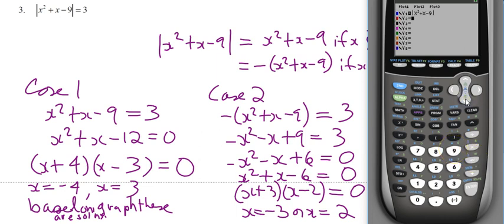Just insert an absolute value. And down here we have a 3. For the window, we'll leave negative 10 to 10. We don't really care about what's happening down here, so we can go 0 to 10, because we know that our graph has to be above. And then here's your solution at 3. So we have 1, 2, 3, the 4 solutions that we have found. So graphically, we have verified.